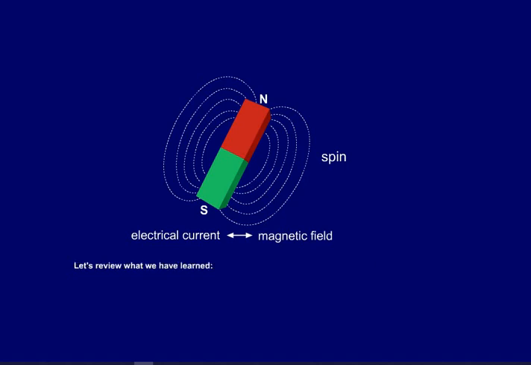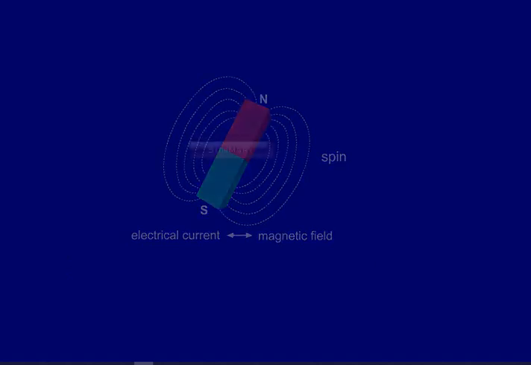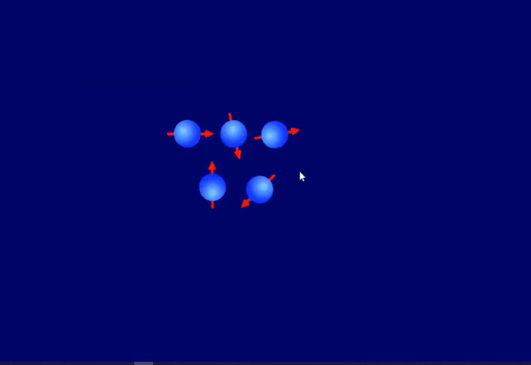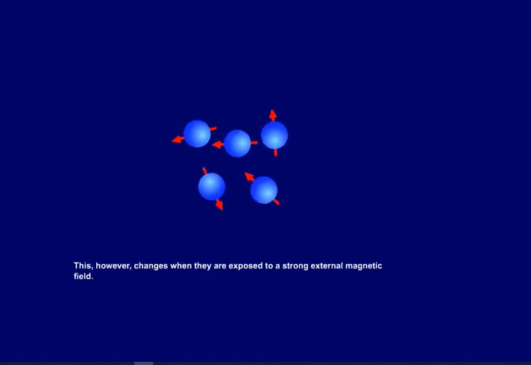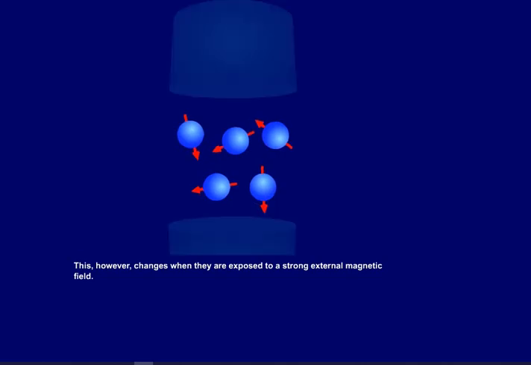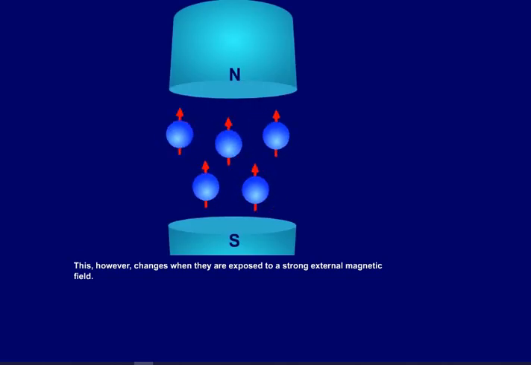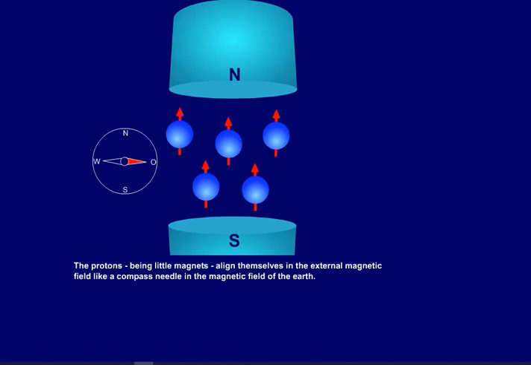Let's review what we have learned. What happens to the protons when we put them into an external magnetic field? Normally, protons are aligned in a random fashion. This, however, changes when they are exposed to a strong external magnetic field. The protons, being little magnets, align themselves in the external magnetic field like a compass needle in the magnetic field of the Earth.